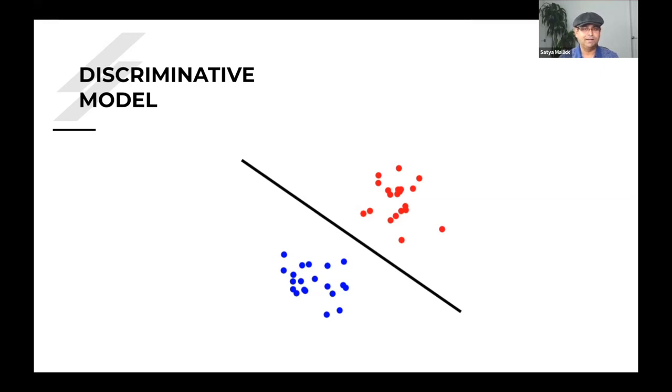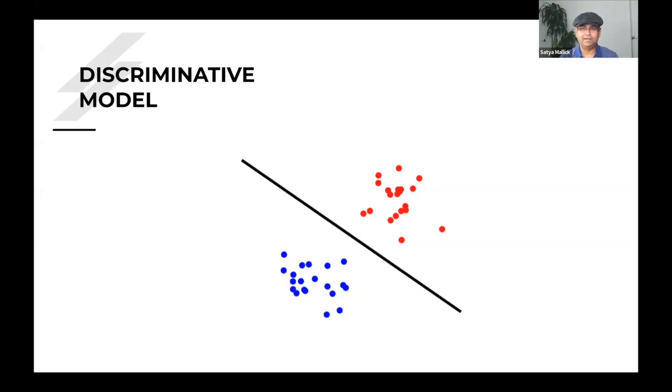It tries to find the line that divides the two classes, or it could be any shape, but for simplicity, a line. Once a new image comes in, we project it onto the space, and based on which side of the line the point lies, we classify it as a cat or a dog, right?